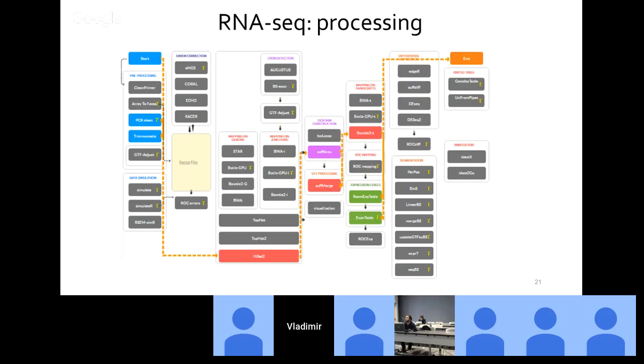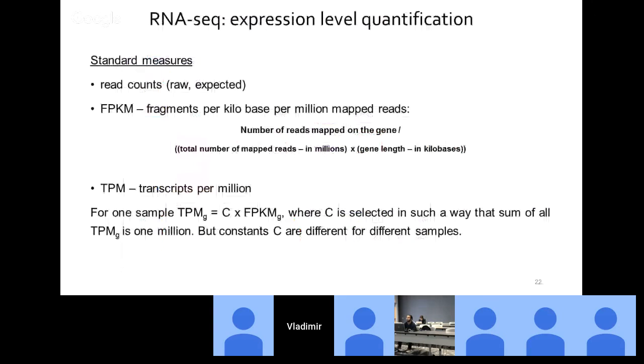So technically and algorithmically, it's not a simple task, but from the point of view of a user, the difference between these pipelines is just an addition of several modules.